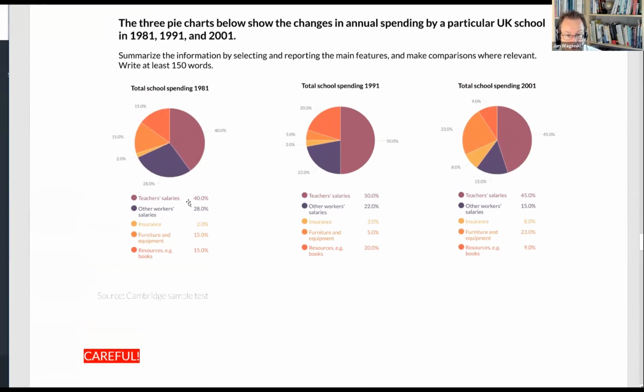When we look at insurance, especially in this example, it went from 2% to 3% to 8%. So in every year, spending on insurance represents the smallest category in the budget. But spending on insurance represented the largest increase in the budget in percent.